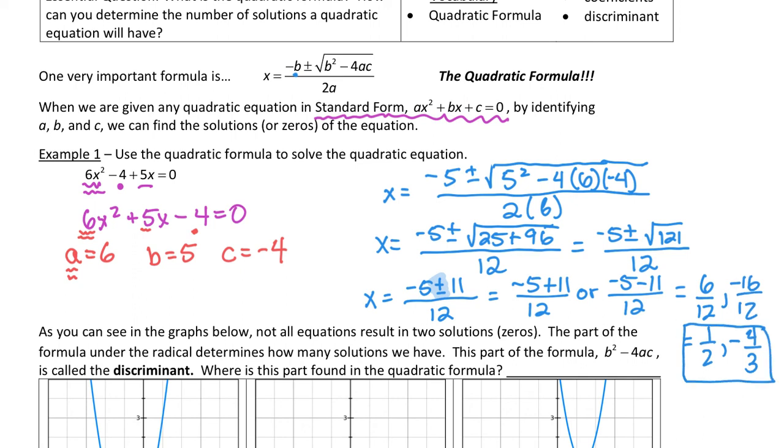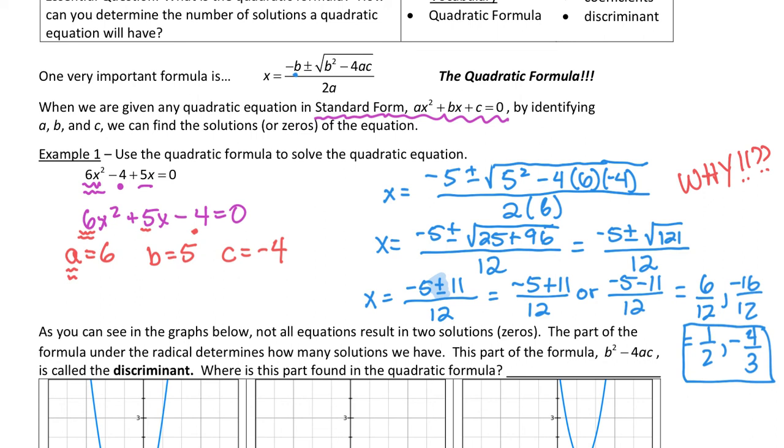So the question really becomes, why would we want to do this? We could factor. Factoring wouldn't be too bad for this problem, I don't think, but some of you don't like factoring.